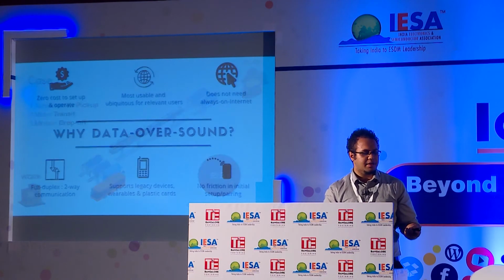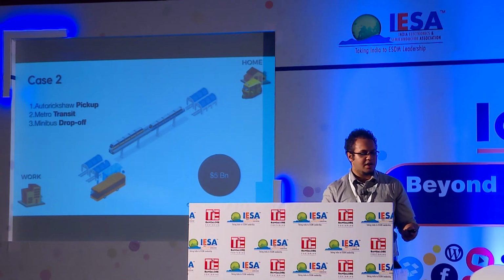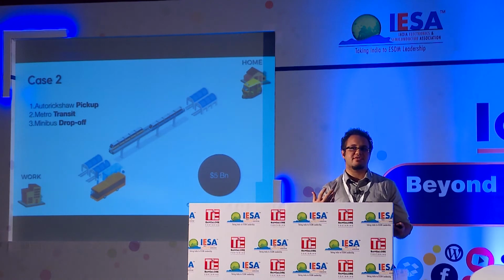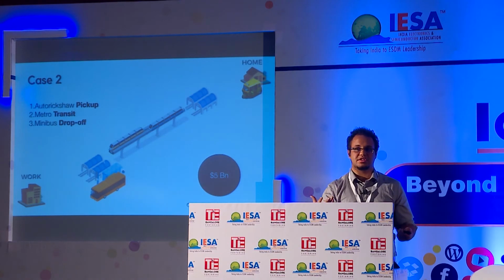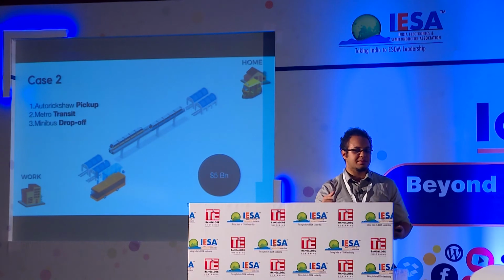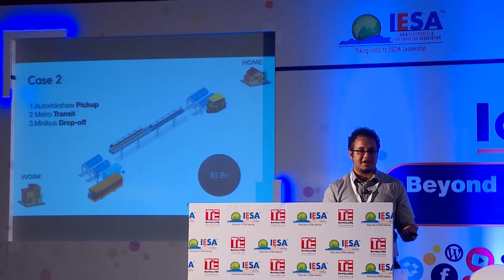Case two would be when you're taking an auto to the metro station, and when you reach the station, you have a bus there, and the bus already knows where you have to go. So the bus doesn't have to ply along certain routes. It's already been told when you are at the origin station where you want to go. So it can drop you directly at your doorstep. This is the $5 billion market.